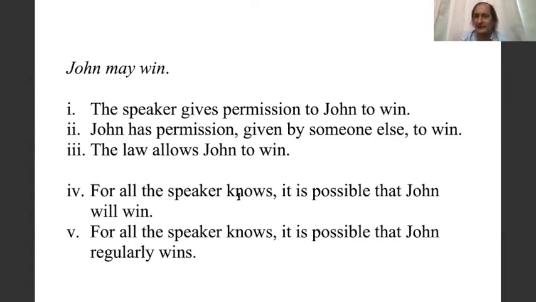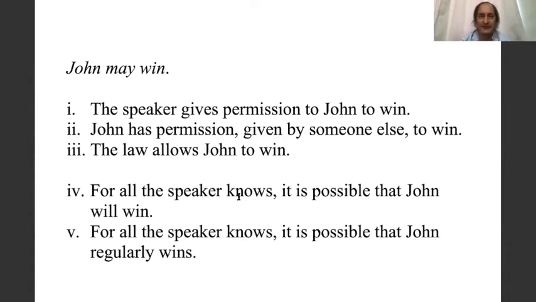And we'll give a situation where that will come out as a natural thing to say in a minute. It could also be that the law allows John to win. Now, this particular sentence doesn't really highlight the law interpretation. It doesn't highlight the speaker permission interpretation. We can use different sentences for that. So, for example, "John may turn right at this intersection."